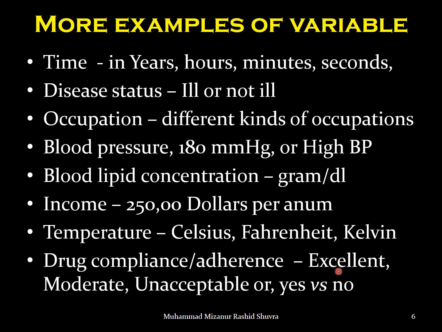An individual may have an excellent, or someone else may have a moderate or unacceptable drug compliance, or it could just be yes drug compliance and no drug compliance, but they would all need to be, as you can see, coded, because they're not inherently numerical, right? So you don't measure them with a number straightforwardly. So they need to be coded, and we'll see later, of course, how that's done.